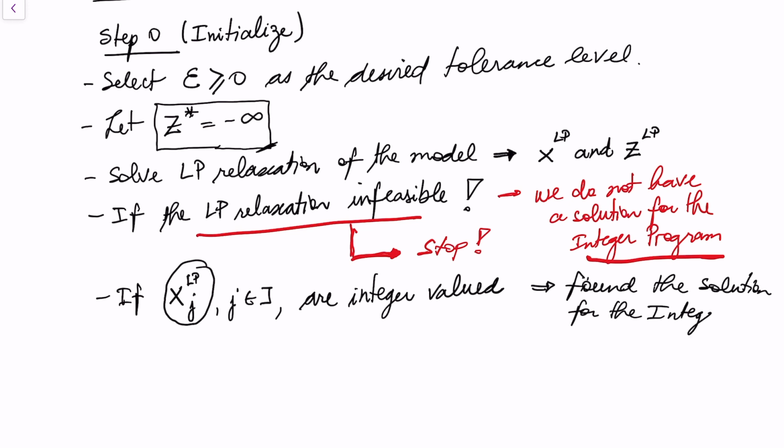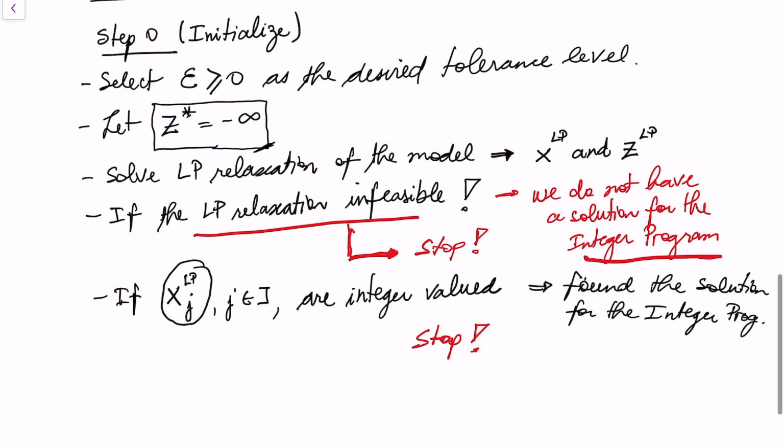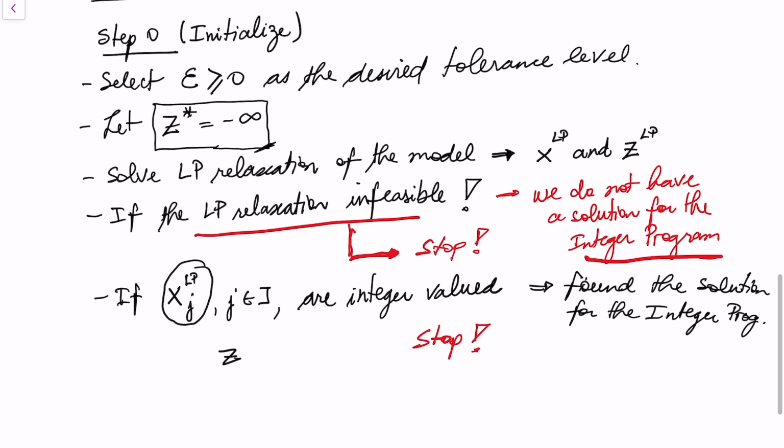Because of that, we can stop the algorithm. In this case, the Z for the integer programming, the optimal objective function value, would be equal to the solution for the linear programming, and the decision vector would be exactly the value from the linear programming model that we got.